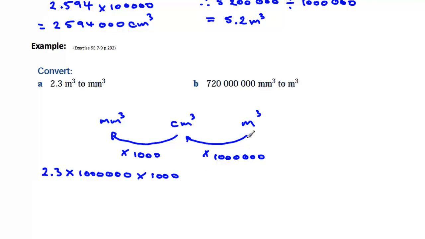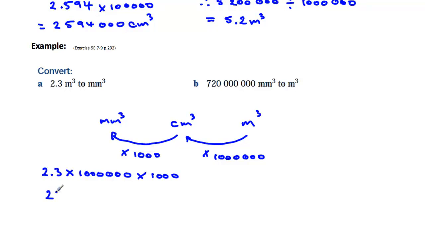So I'm going from there right across to here, and what I end up with is a very, very big number. Let's see, metres cubed, so we've got our 2, and we've got to go 1, 2, 3, 4, 5, 6, 7, 8, 9 places.